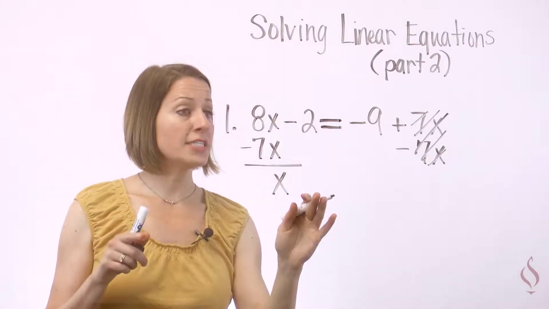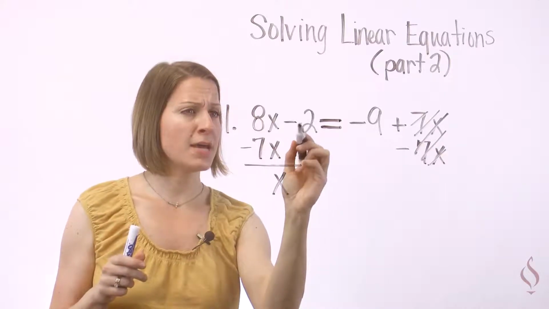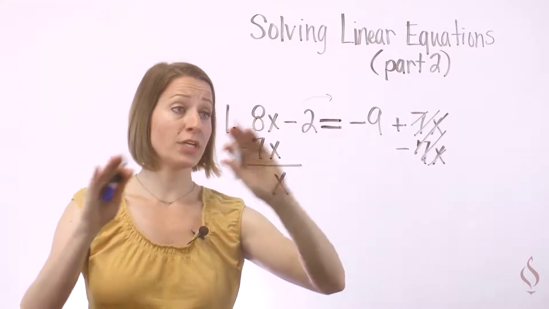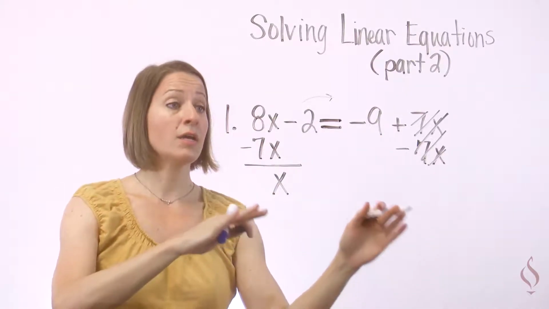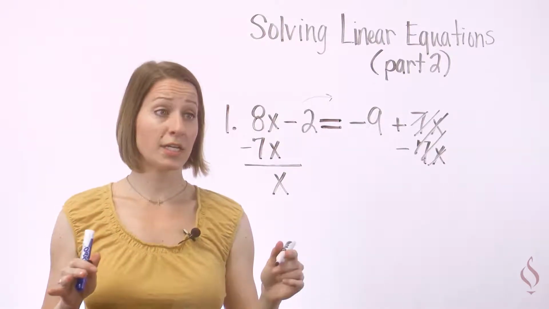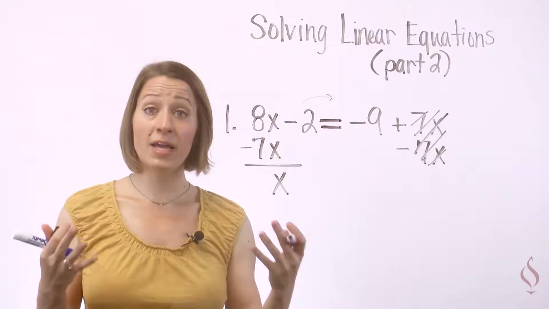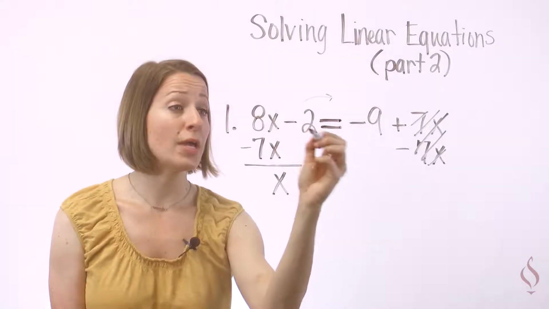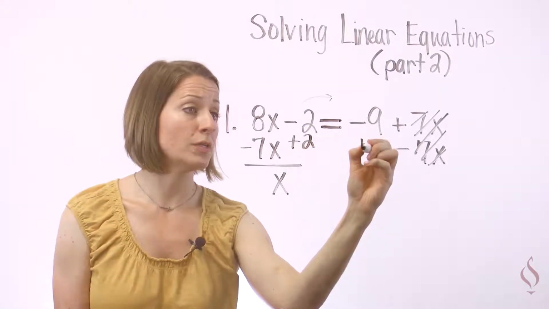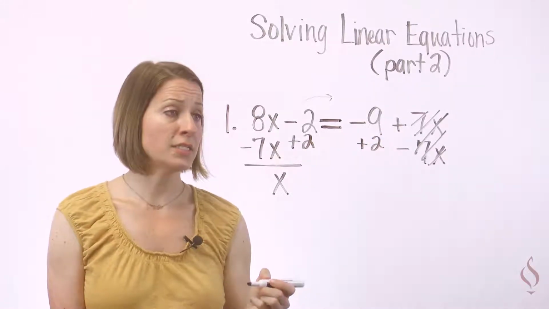We're going to do the same thing again, except now we want to take the minus 2 and bring it to the other side of the equal sign. But again, because it's crossing over that little bridge, that equal sign, you're going to have to match it up with the opposite operation. So minus 2, we are going to add 2 to both sides.